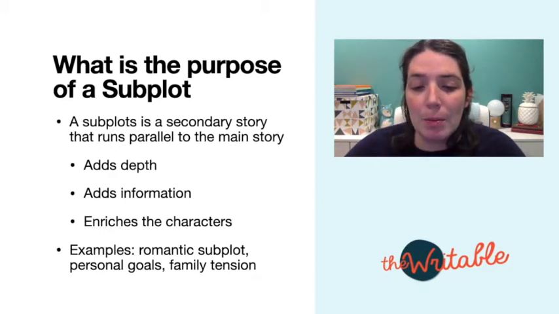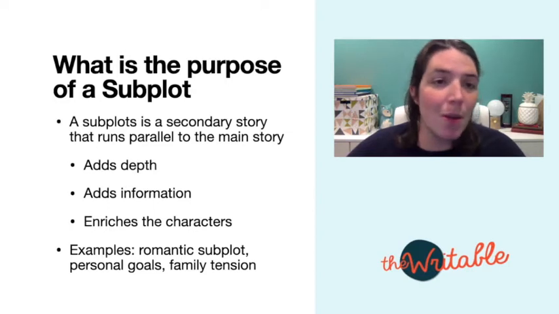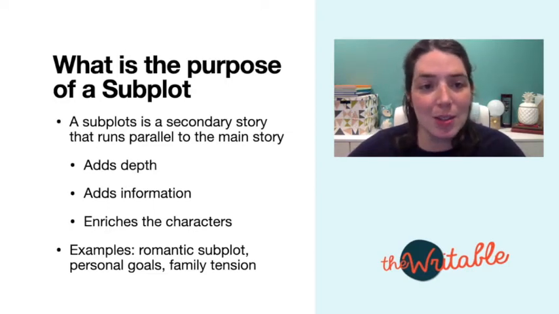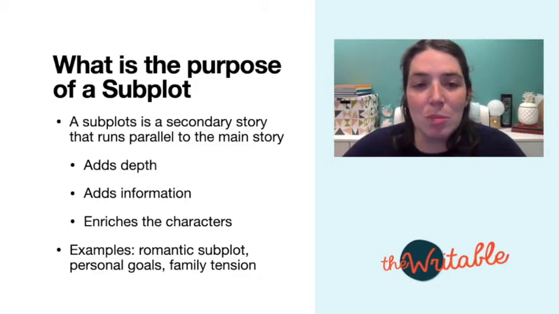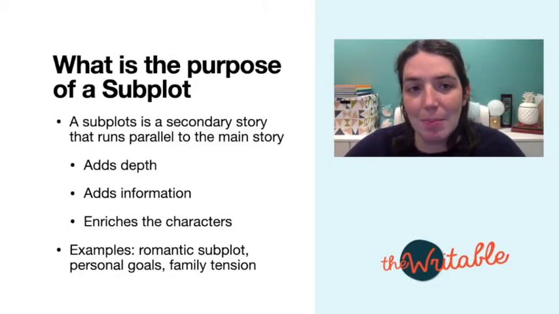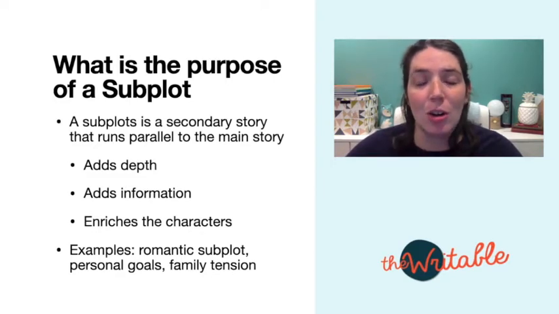Common subplots that we might think about are like the romantic subplot. So a character is out there saving the world, and there's a little romance subplot on the side. Or sometimes it's just personal goals. It's something that someone wanted before the adventure began, and they want it badly enough that they're still continuing to pursue that goal while they're on the adventure.